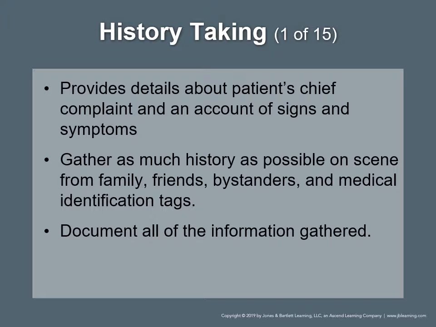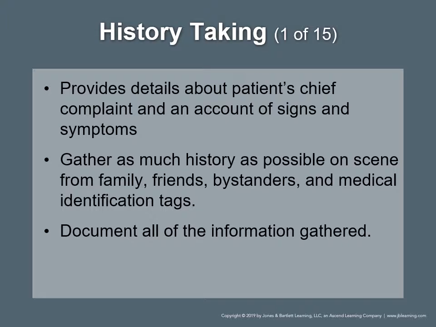If you have the time, or if you are able to, write things down on your PCR. It's usually a triplicated form. You give one part to the hospital, you keep one, and you give one to the first responders that were helping you, because they have to document things as well. Things that need to go on there especially are times of your interventions and what those interventions were.